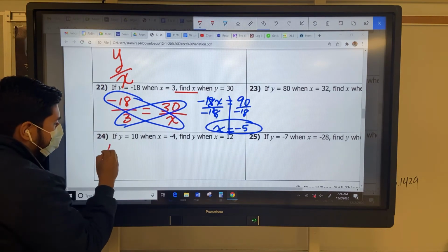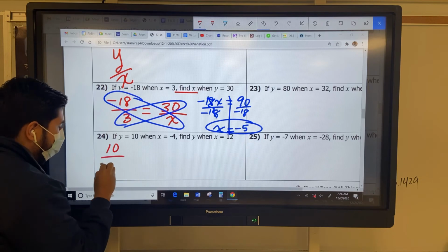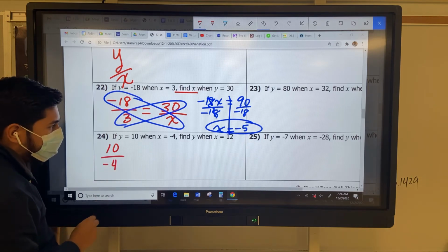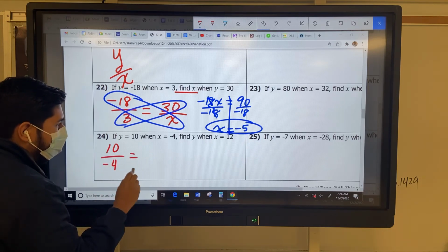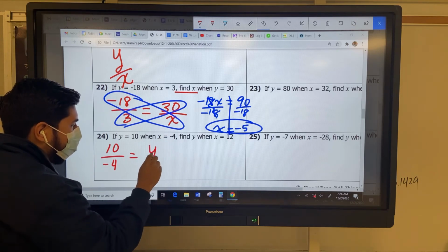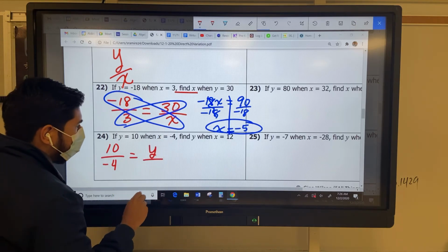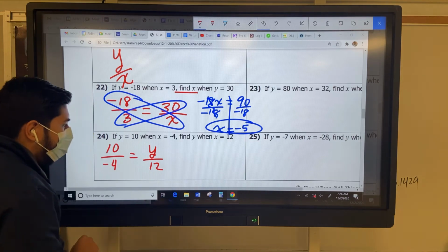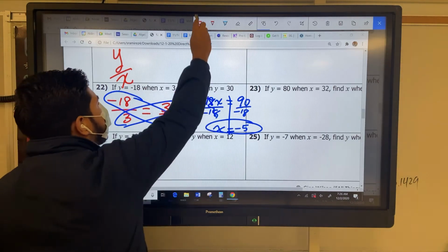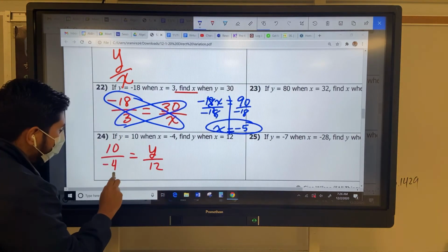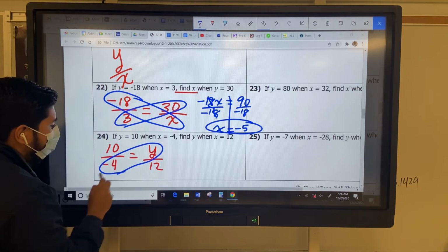Y is 10 over negative 4 equals, find y, so y is missing, over 12. Do it again. Butterfly. Negative 4 times y.